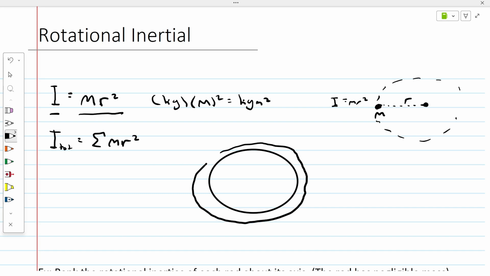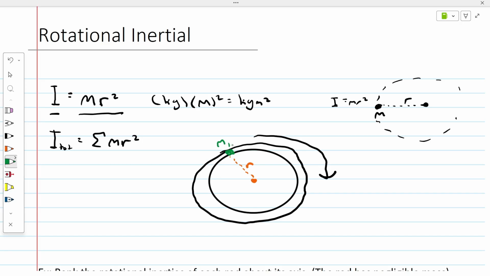This ring is rotating around, and each point on this ring is a radius r. So we can try to find one little point of mass right here, and we can call this m1.